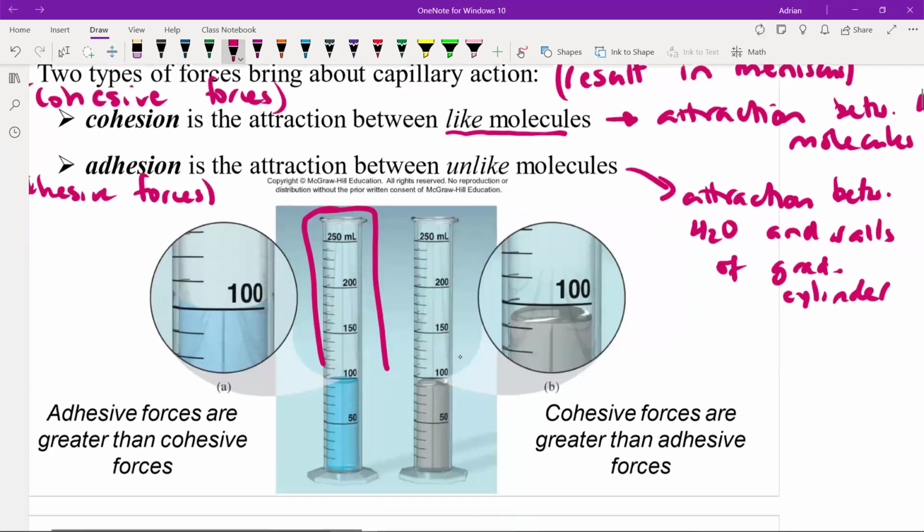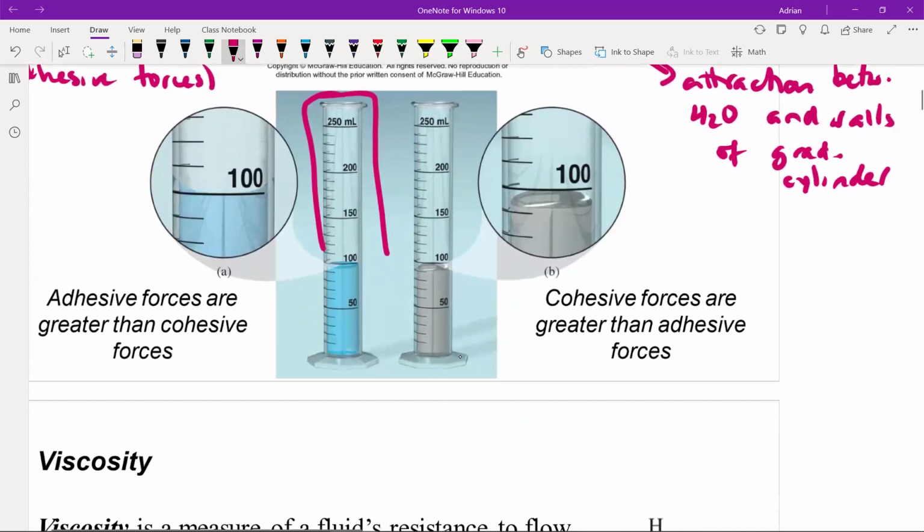And what you actually see in the case of water, this is our H2O over here on the left side, is that the adhesive forces, the attraction between the water and the walls of the graduated cylinder, are actually greater than the attraction between the water molecules themselves. As a result, the sides where the water is in contact with the inner glass, the attraction there is stronger.